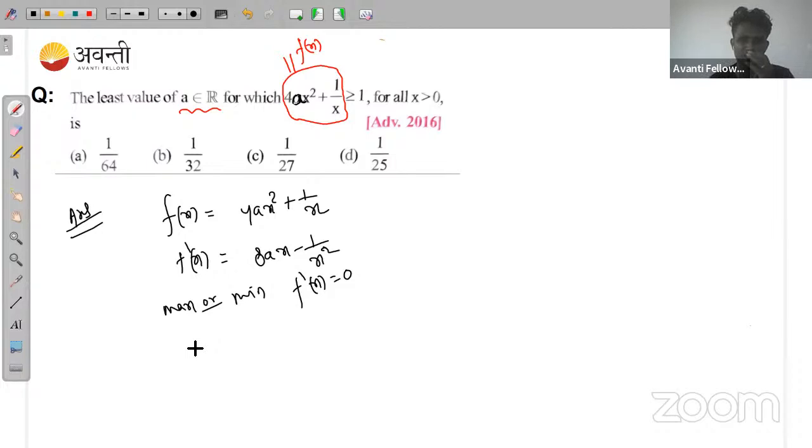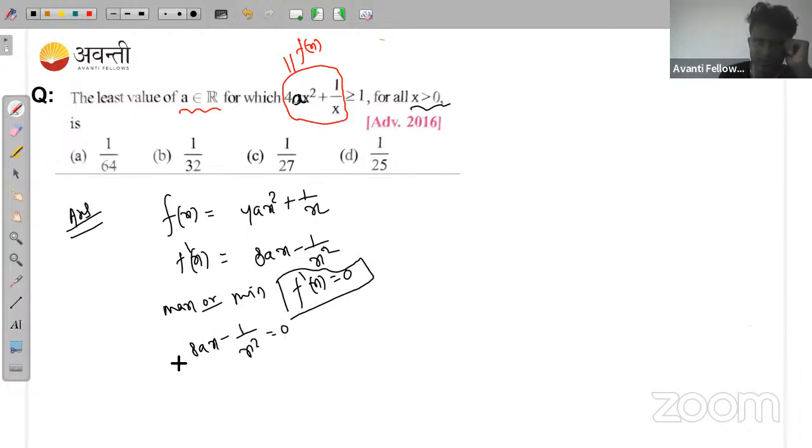In this case, it is differentiable everywhere except x is equal to 0. The domain is actually x greater than 0, so no issue. So f dash x जहाँ पे 0 हो जाएगा, that is 8ax minus 1 by x square is equal to 0.